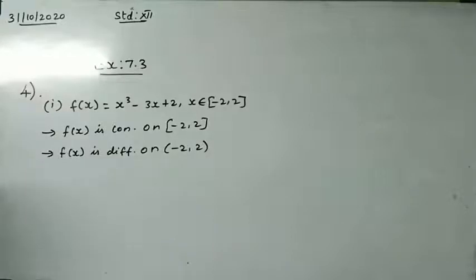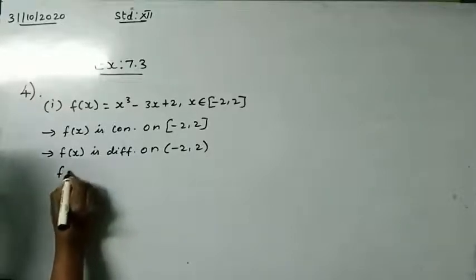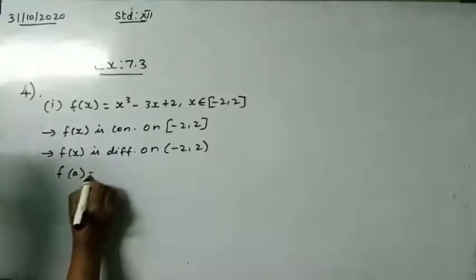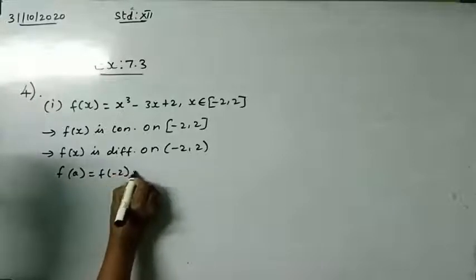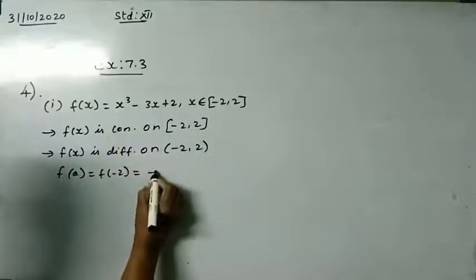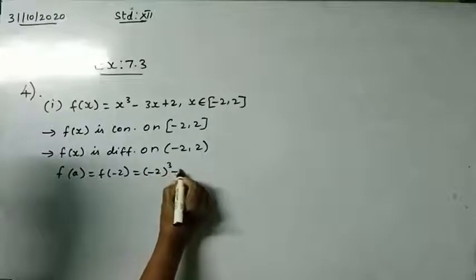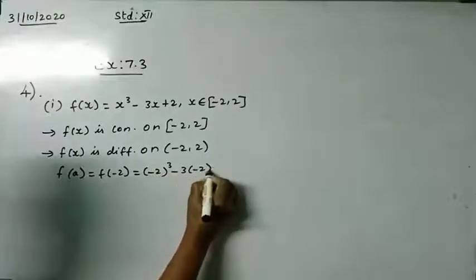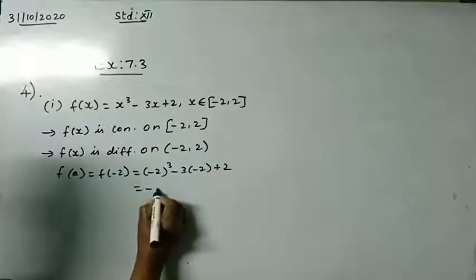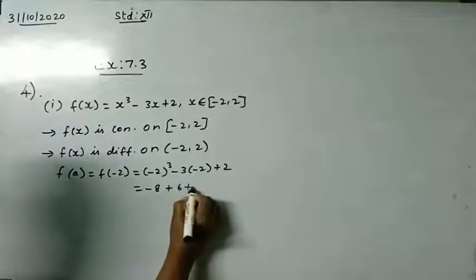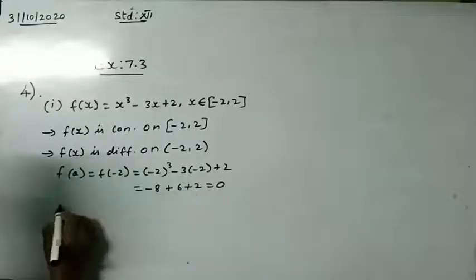Then find f of a. f of a equals f of minus 2. So substitute minus 2 the whole cube minus 3 into minus 2 plus 2. So it is minus 8 plus 6 plus 2 equal to 0.